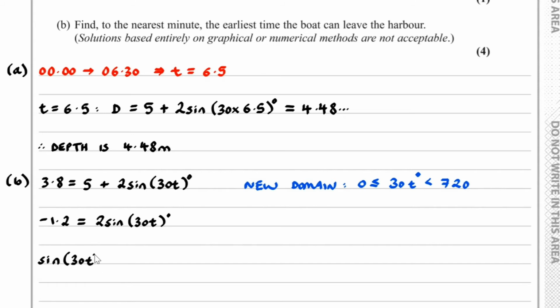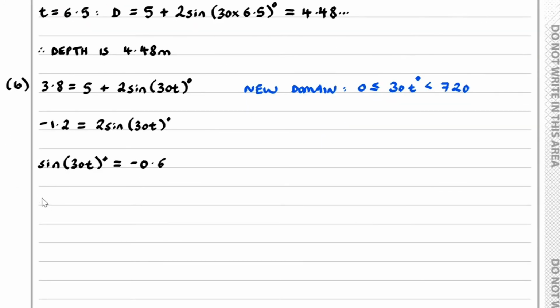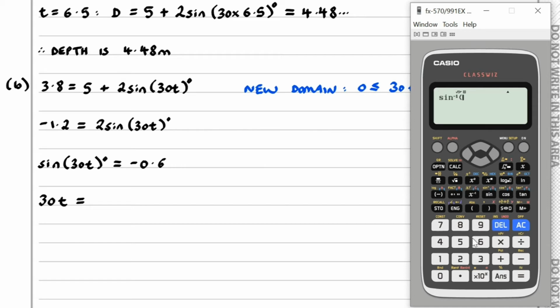Sine of 30t degrees is equal to minus 0.6, and so therefore for 30t, if I find the solutions, we've got the inverse sine of minus 0.6, which gives minus 36.86, etc. Store this into A. To find the next value, we do 180 minus this, so the next value is 216.86, etc. Store this into B, and then we've got the 360 repeats which we need to add on.